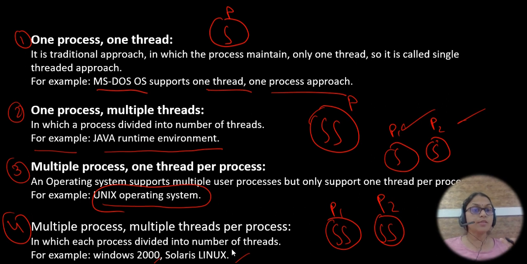The Unix operating system uses multiple processes with one thread per process. And the Windows operating systems use multiple processes and multiple threads per process. I hope you understand what exactly it means.